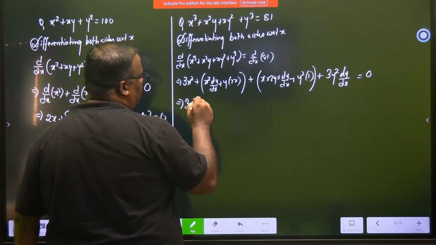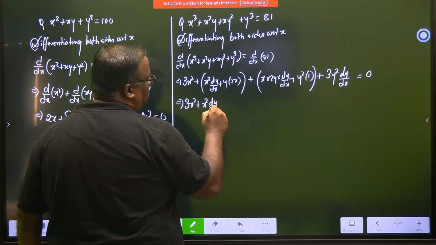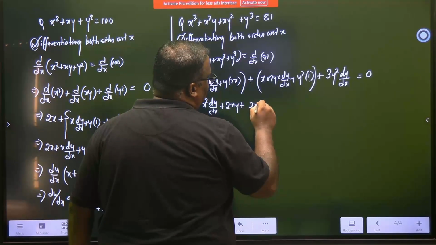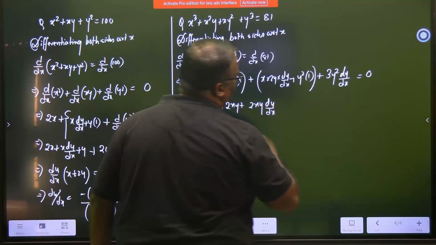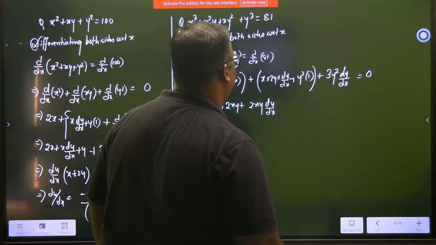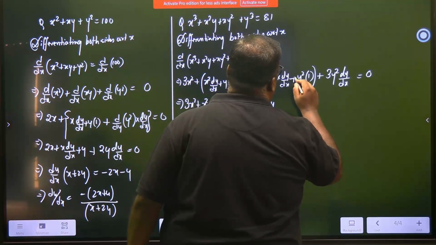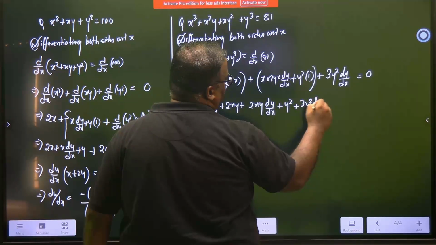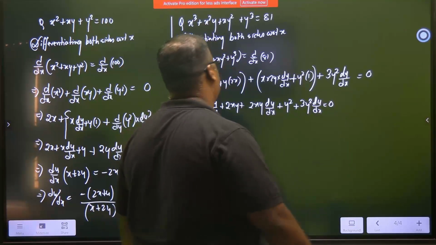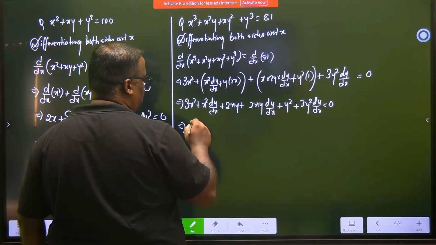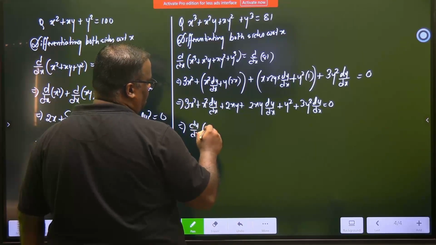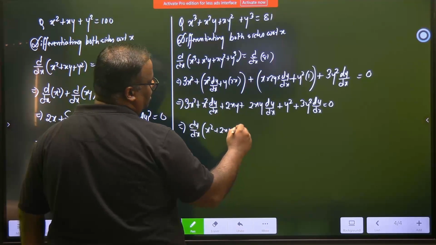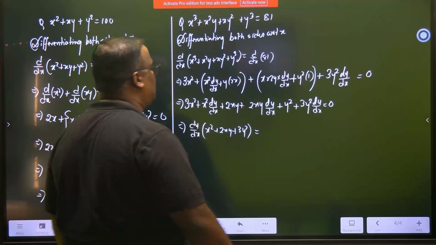So this is 3x squared plus x squared dy by dx plus 2xy plus 2xy dy by dx, plus y squared plus 3y squared dy by dx equal to 0. Further, if I take dy by dx common, I have x squared, 2xy, and 3y squared. On the other side, what do I have, children?